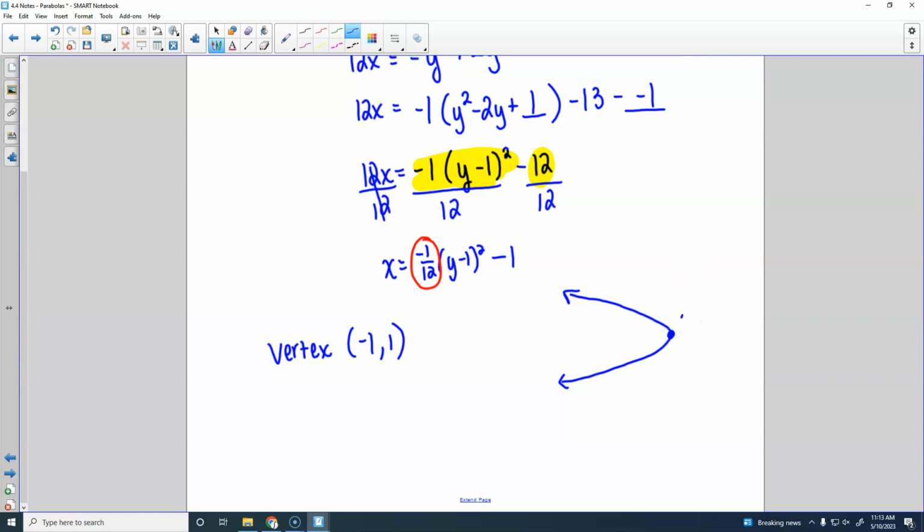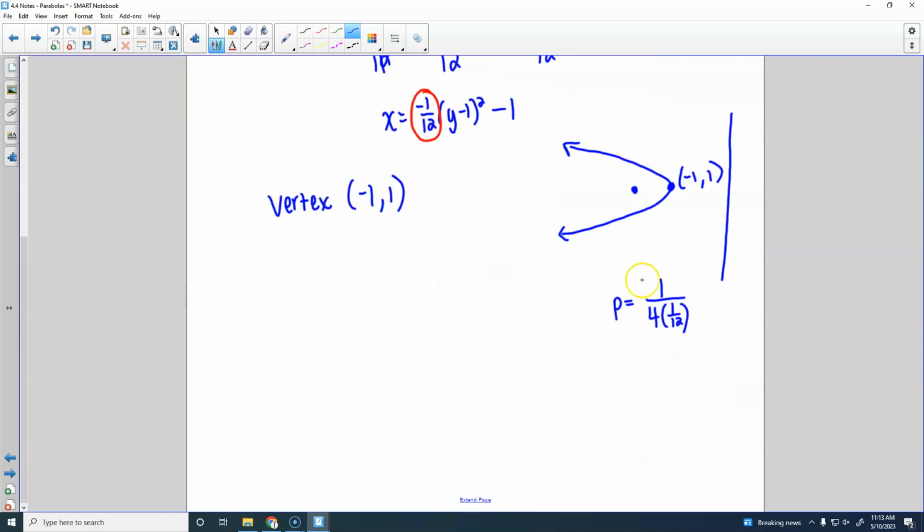We've got the point negative 1, 1 as our vertex. So the focus will be here on the inside. The directrix is over here on the outside. We're going to do P equals 1 over 4 times A. Again, I just ignore the sign because it's a length, so it doesn't really matter which sign it is.